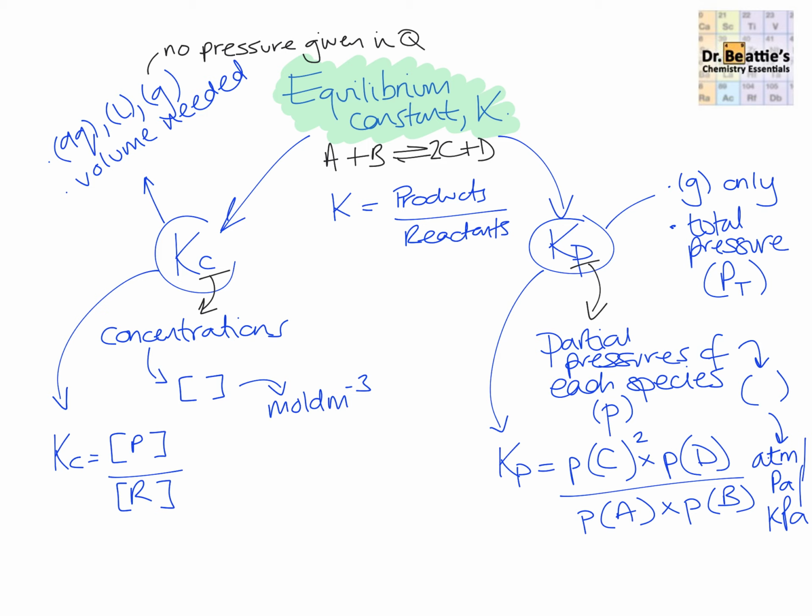Now, the partial pressure of each individual species, so for example C here, is how much pressure that particular component C contributes to the overall total pressure.